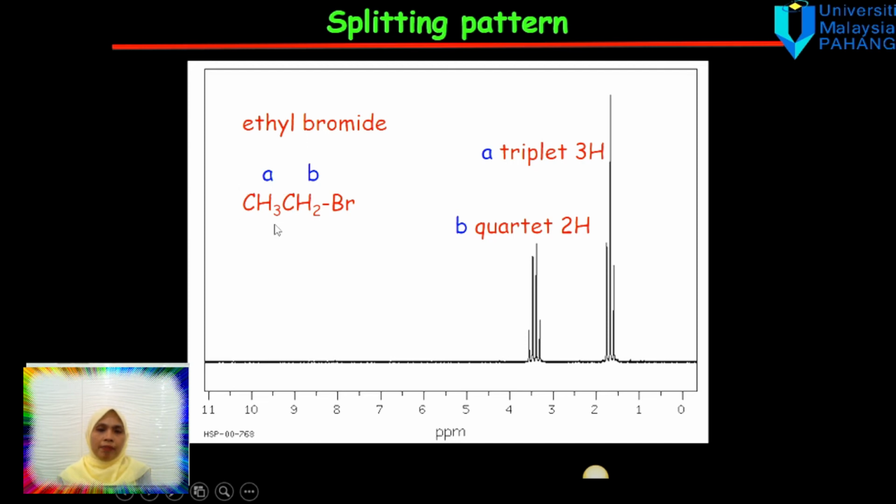Here appears in the upfield, and this one appears more downfield because it is directly attached to the bromine atom. You can see the splitting for this signal, methyl, 2 plus 1 is triplet, and this one, 3 plus 1, becomes a quartet for this signal. B is quartet and A is triplet. This one is upfield, this one is downfield.